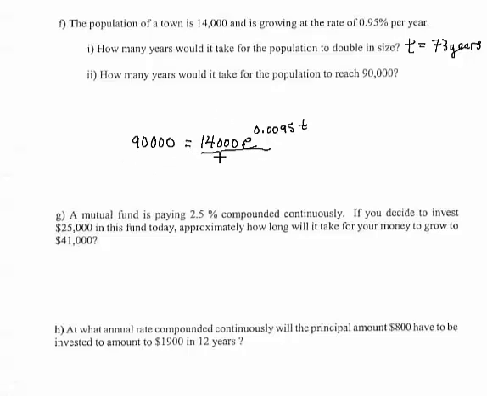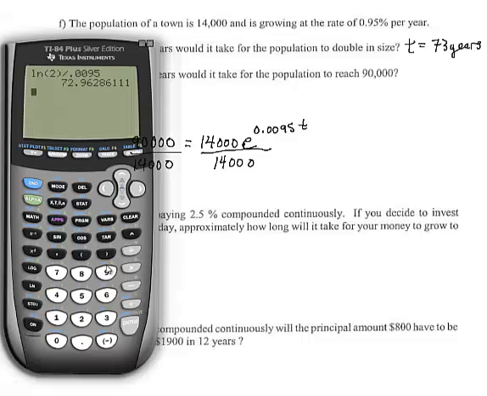So at this point, same procedure. We want the exponential part by itself, so we divide both sides by 14,000. We may have to round that. I don't know. Let's see. Calculator, 90,000 divided by 14,000. Enter.